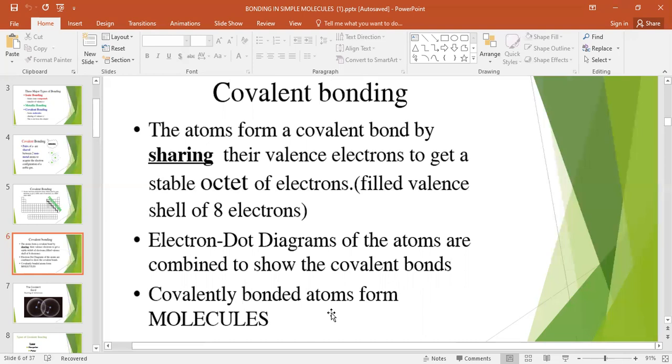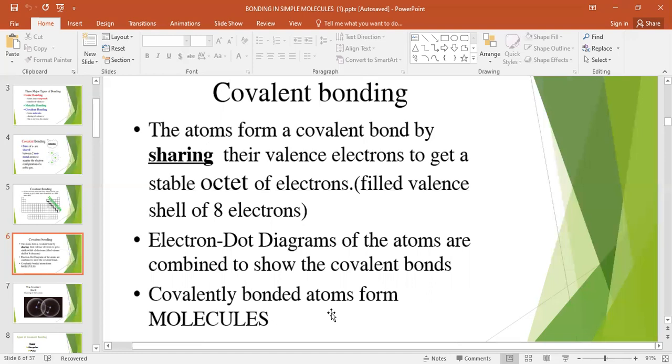Now, electron dot diagrams of atoms are combined to show the covalent bonding. Electron dot diagrams like this. This one is a dot, this one is a cross. Just dot and cross. Why do we use these? Because you can easily understand how two atoms join with each other. In a dot and cross diagram, one atom uses dots and another uses crosses.